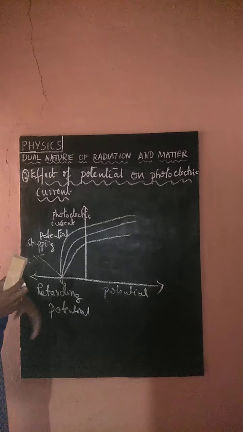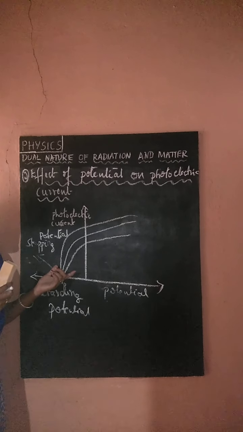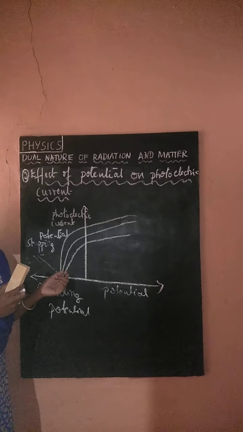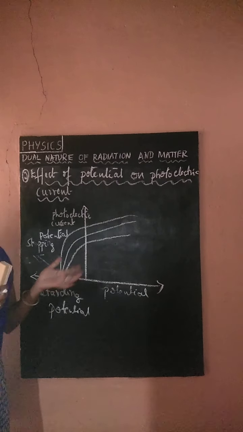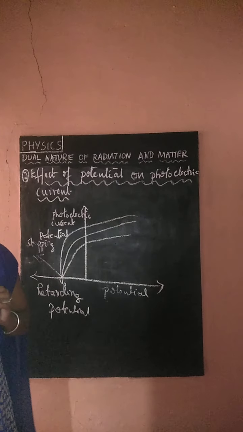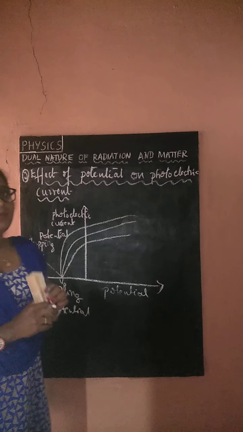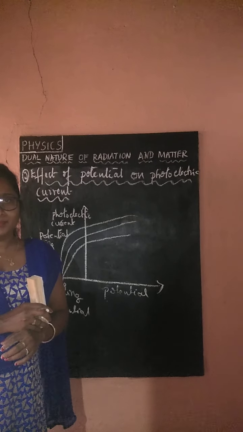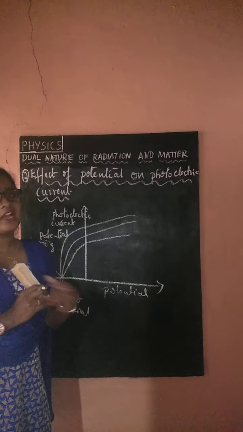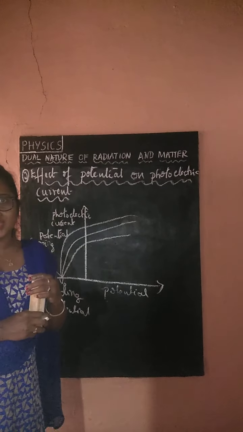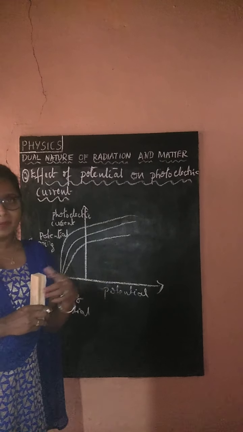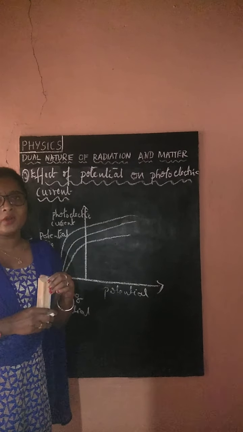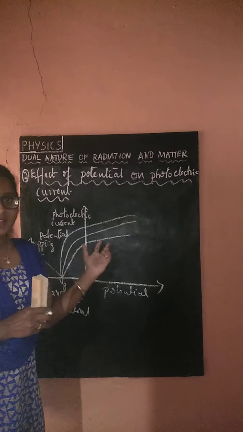Here this photoelectric current can be increased or decreased by varying the potential difference between the photosensitive plate and the collector plate, right? We studied that in the previous session in the experimental observation on the photoelectric effect.